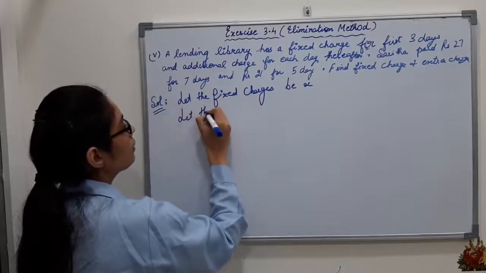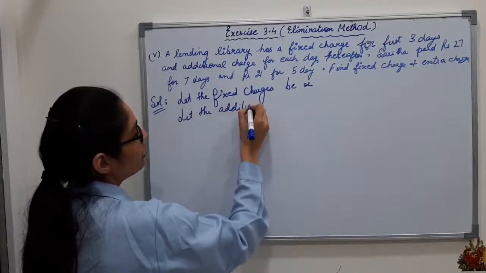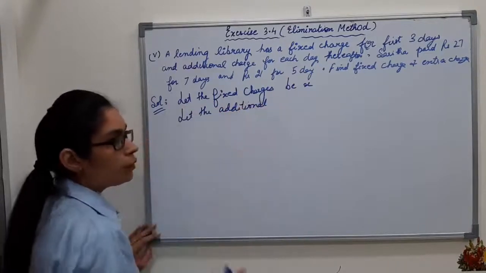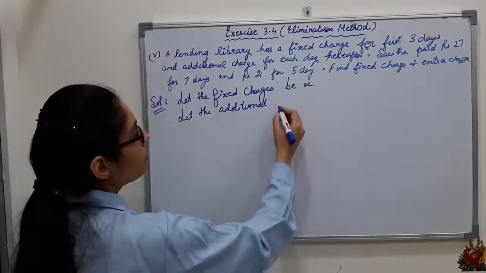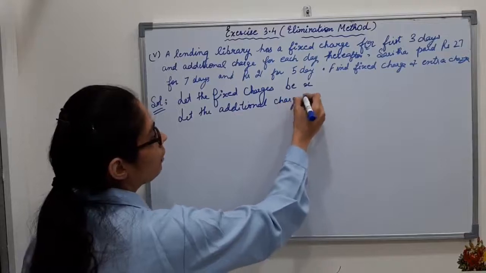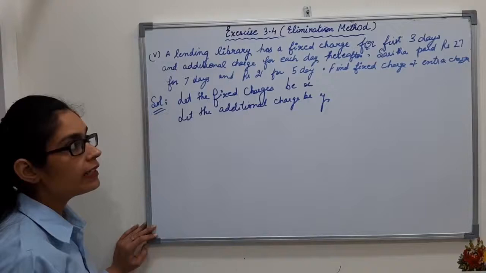Let the additional charges, for example, like maybe rupees 5 for 1 day per day, be y.